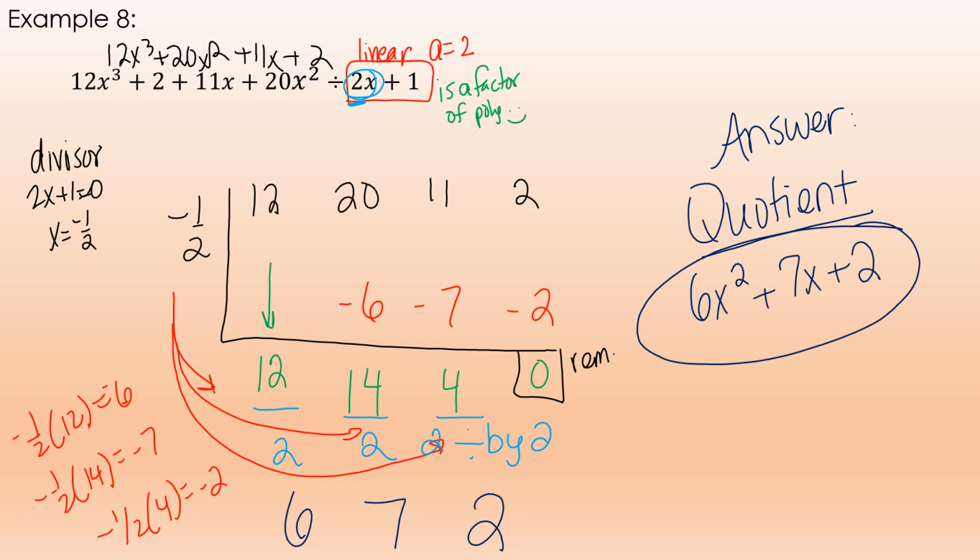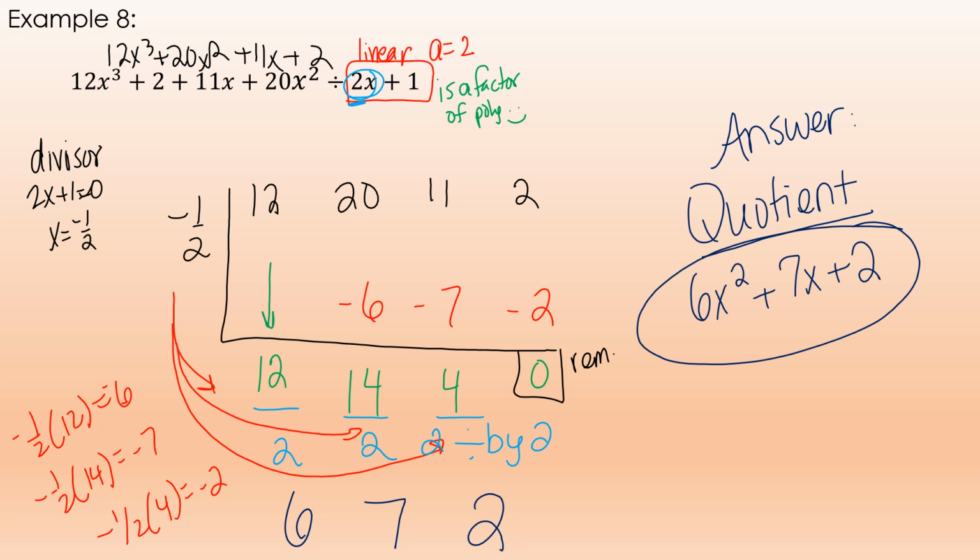All right, so that is how you can do this even though your leading coefficient is not 1. If you have a linear factor, you just take that leading coefficient and divide through each of your terms in the very last step.